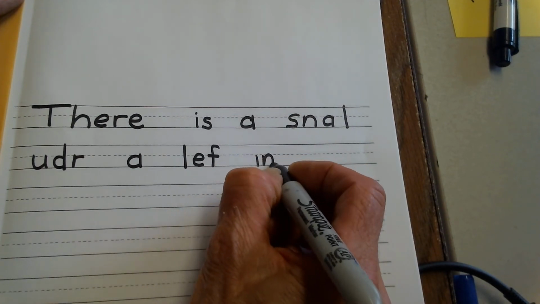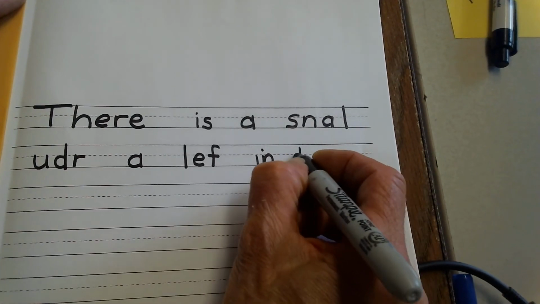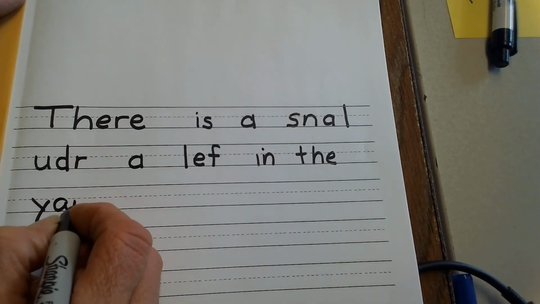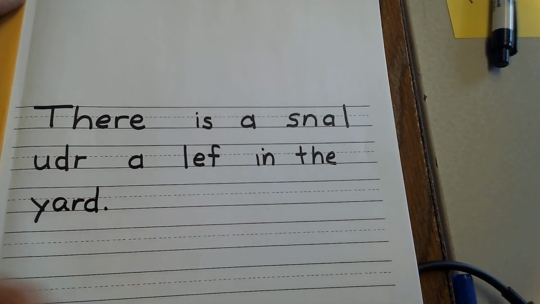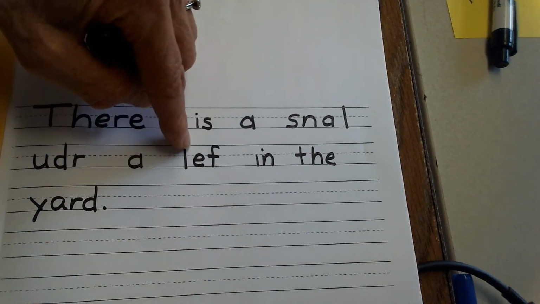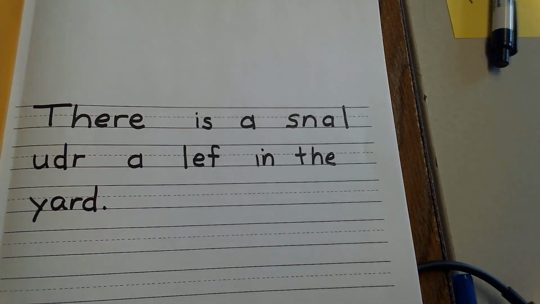In the yard. Here's my sentence. There is a snail under a leaf in the yard. Now, I used my sounds to spell the words that I want you to use your sounds to spell.